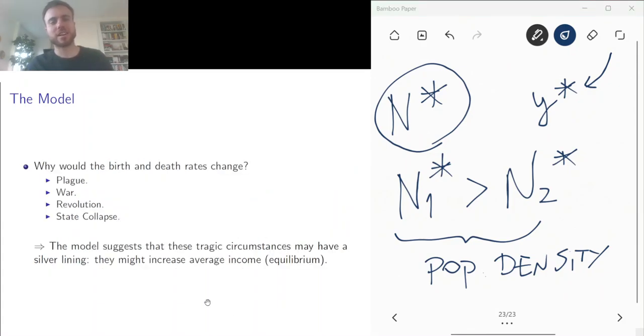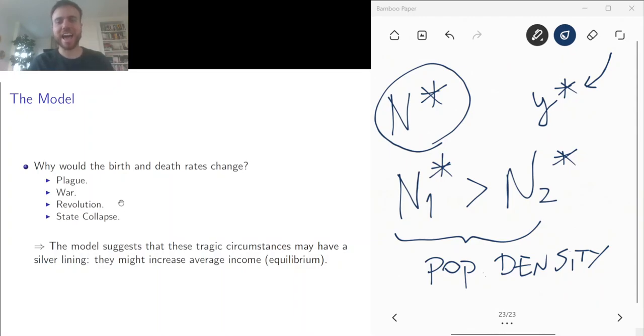And what are the typical shocks that change income per capita, that change birth rates, that change death rates? So these are the famous ones that we see in history books. So plague, war, revolution, state collapse. And the model suggests that some of these very tragic shocks, like plague or war, have a silver lining.